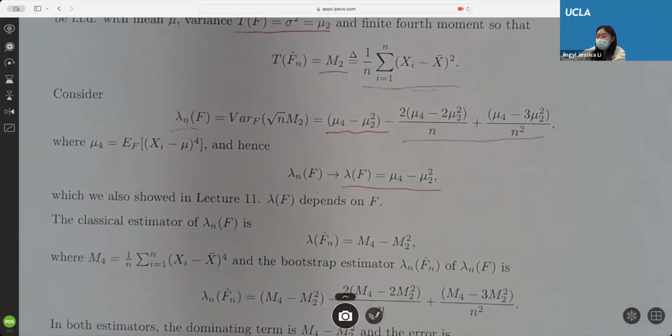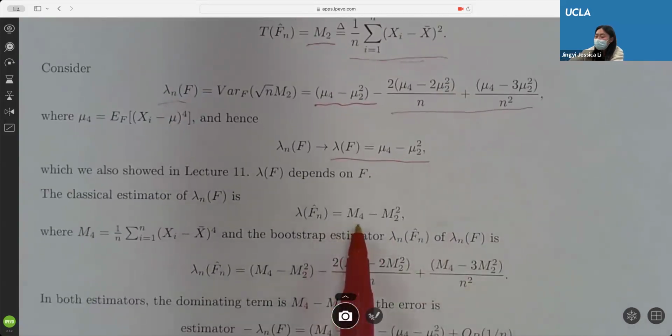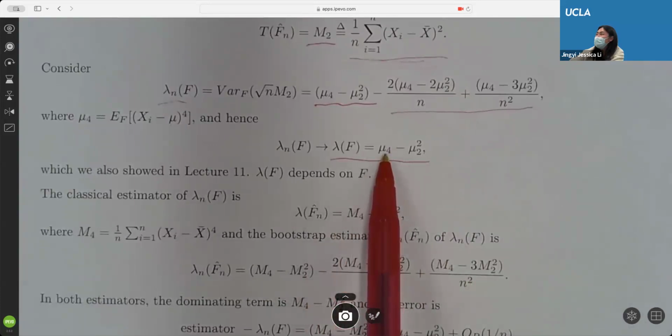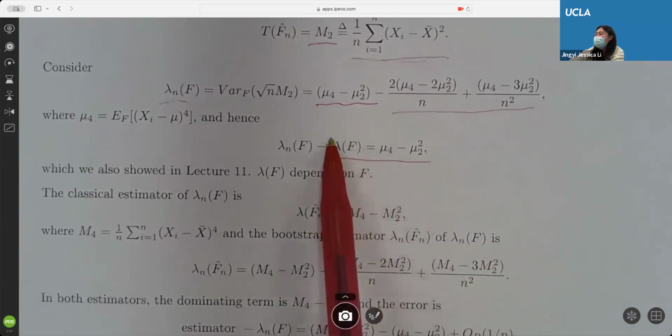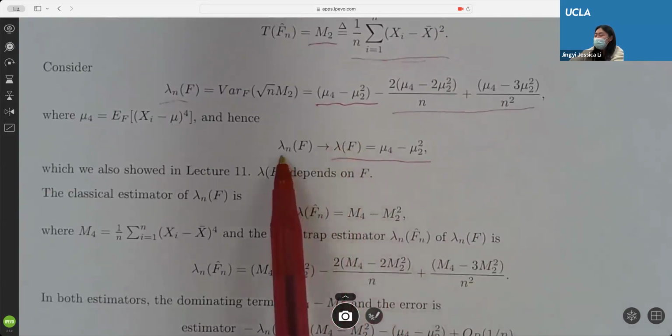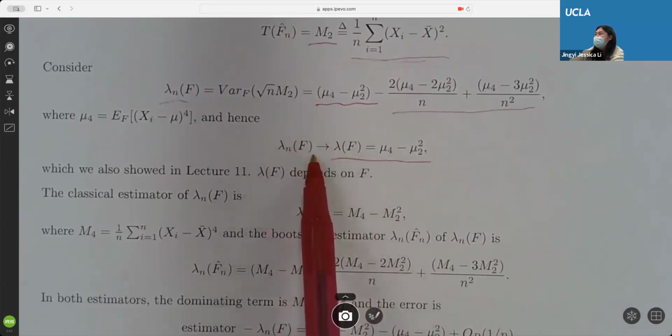Okay, so what is the classical estimator in this case? The classical estimator is that you directly plug in into the limit. You do the plug-in for the limiting performance measure instead of estimating the performance measure for finite n.